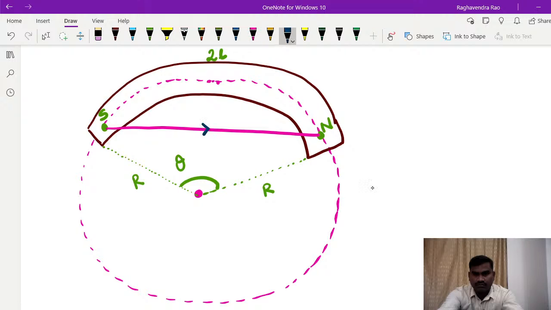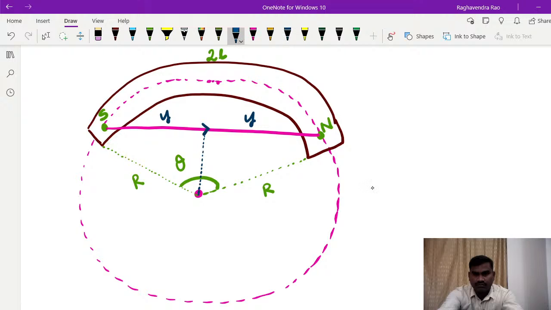To find the effective magnetic moment of this bent magnetic dipole, we need to calculate this effective magnetic length. For that purpose, this part we can represent with y, in the same way as in the previous case.